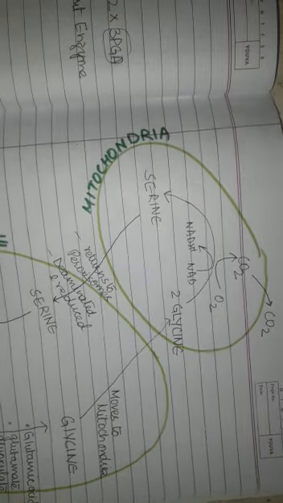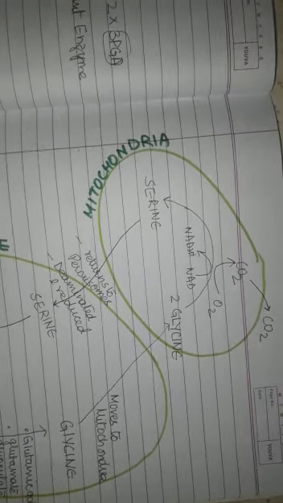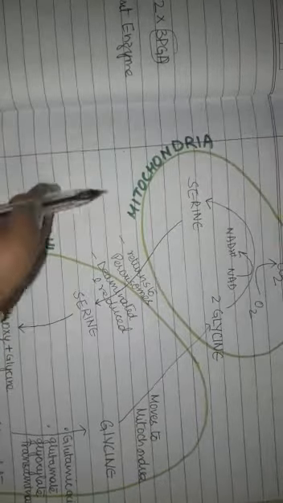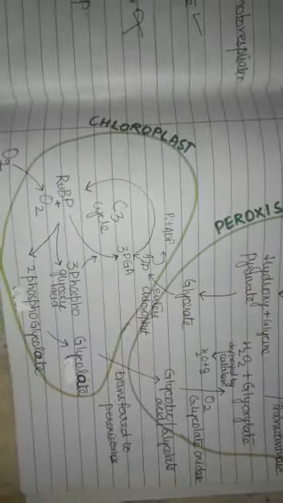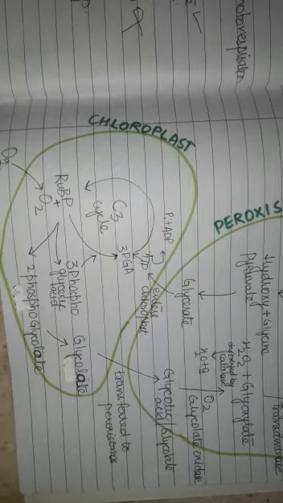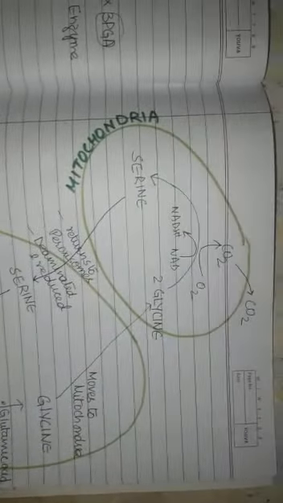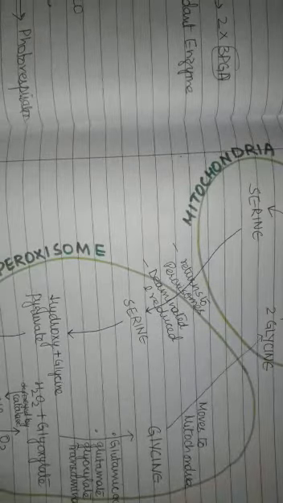The schematic presentation of photorespiration involves three cell organelles: mitochondria, peroxisomes, and the chloroplast. Three cell organelles are involved in the process of photorespiration: chloroplast, peroxisome, and mitochondria. Let us see.